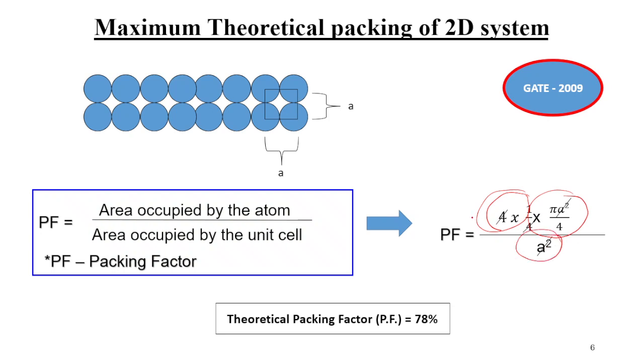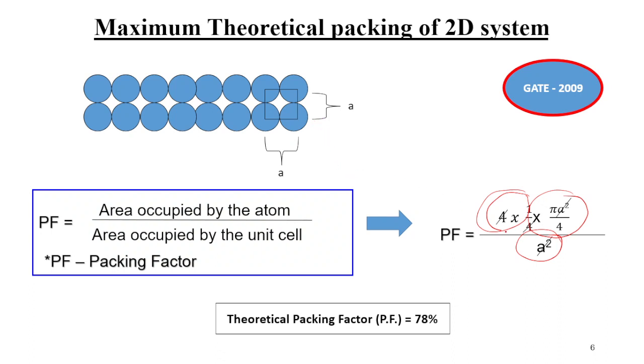In our case, what do we have? We have an atom which is in contact with 4 other atoms, like 1, 2, and likewise it will be in contact with another atom here and here. So the atom at the corner is shared by 4 unit cells.